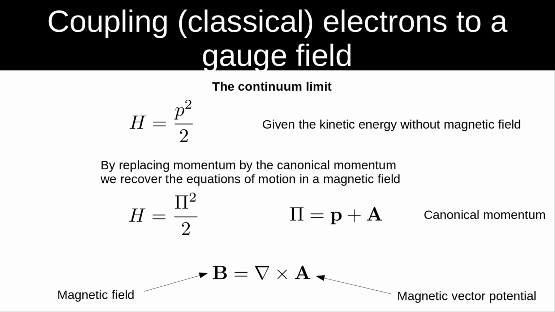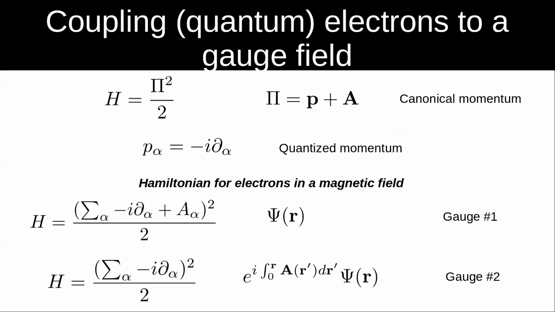The way this is usually included in the Hamiltonian is by defining what is called the canonical momentum, which consists of taking the original momentum, P, and adding the magnetic vector potential. If you do this replacement in your Hamiltonian and compute the equations of motion, you will obtain the conventional classical equations of motion of an electron in a magnetic field, with the Lorentz force, as we are familiar with.